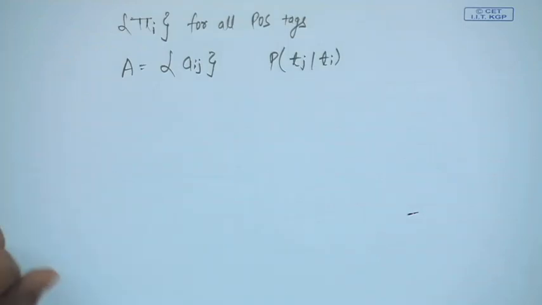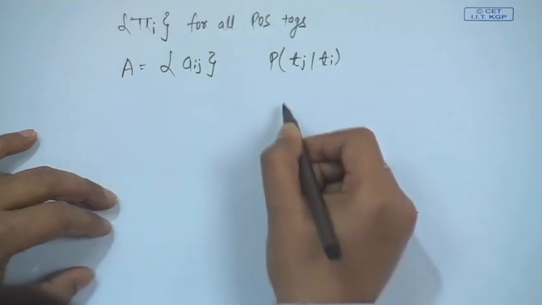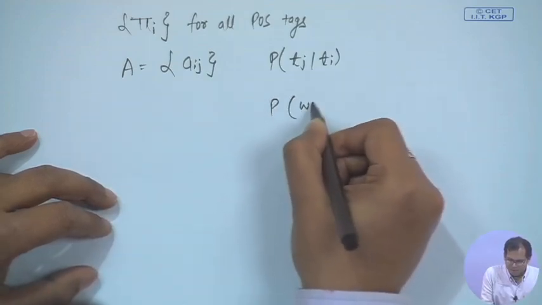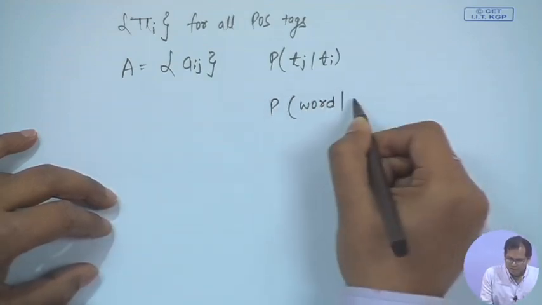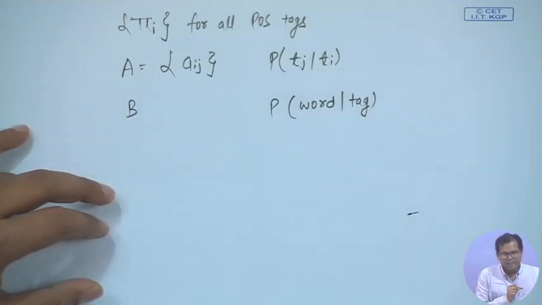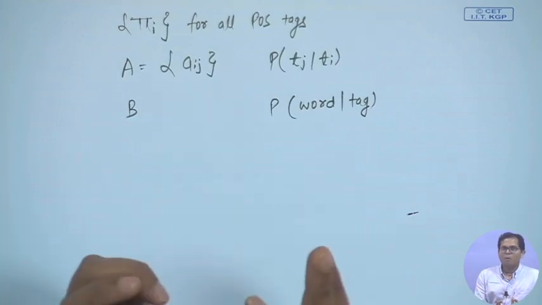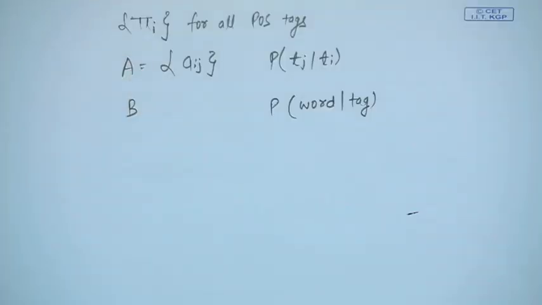And I need my emission probabilities, that is the probability of a word given a tag, which we can represent using a matrix B. I need all these three probabilities to use the Viterbi decoding algorithm at runtime. If I do not have these probabilities, I cannot use Viterbi decoding.